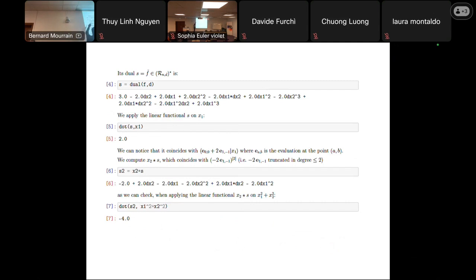So we take the small f, affine, and take the dual. It gives this linear functional, which is acting on polynomials in x1, x2, up to degree d, no x0.